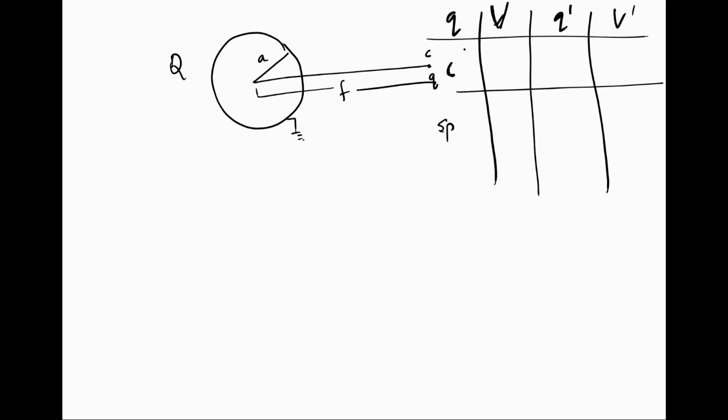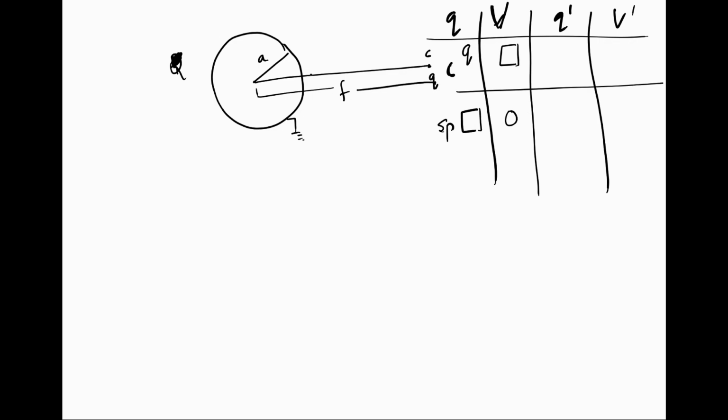So when there is this point charge Q at C, I don't know the potential at this point. Similarly, I don't know what will be the charge induced because of this point charge in front of this conducting sphere. So I don't know the charge here, but I know the potential because it is grounded.